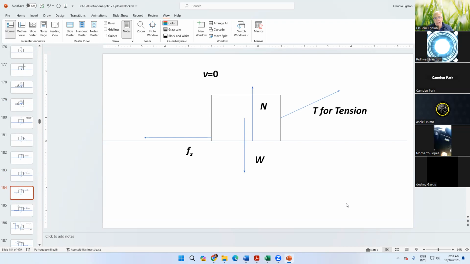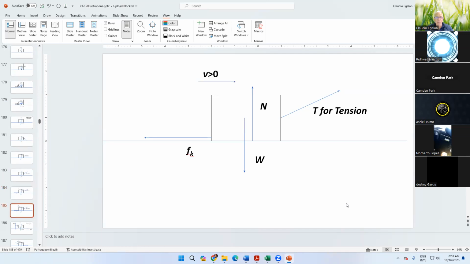And there are two types of force of friction: the static force of friction and the kinetic force of friction. If the object is at rest, the force is static.